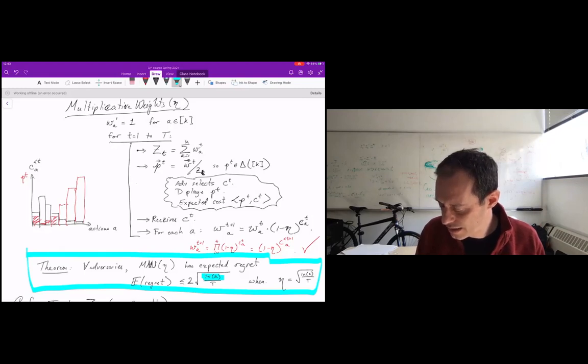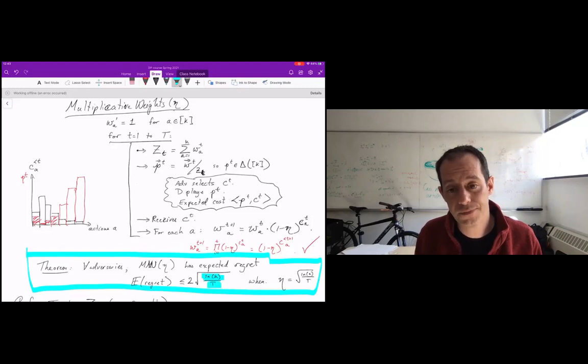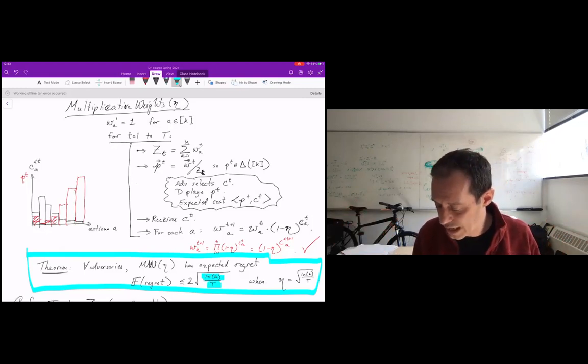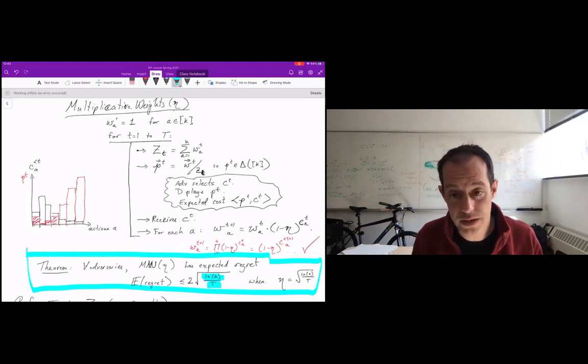On the other hand, it also has this 1 over square root of t dependency, and you can't really do any better than that. We'll see that even if the adversary is just making totally uniform random choices, every algorithm will experience regret on the order of square root of log k over t. So this is really optimal for the setup we're in.